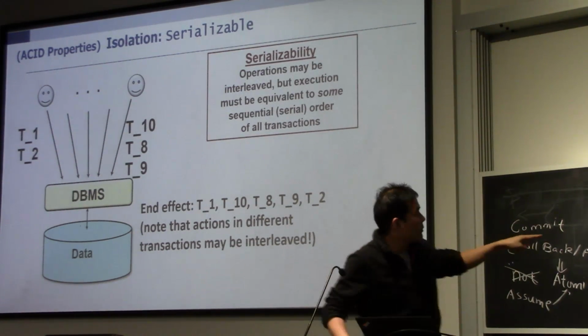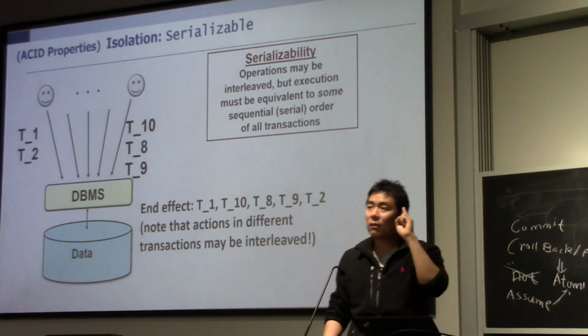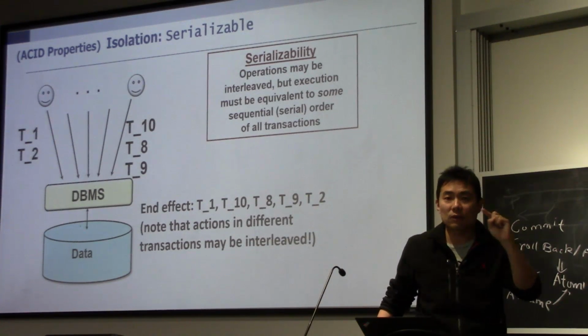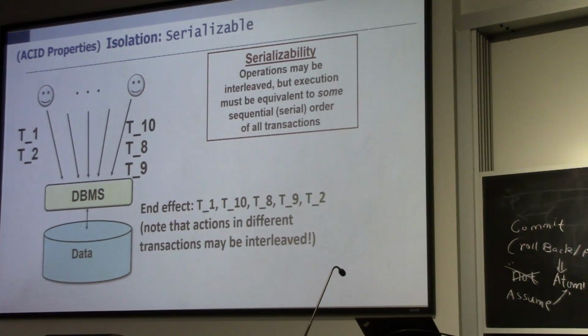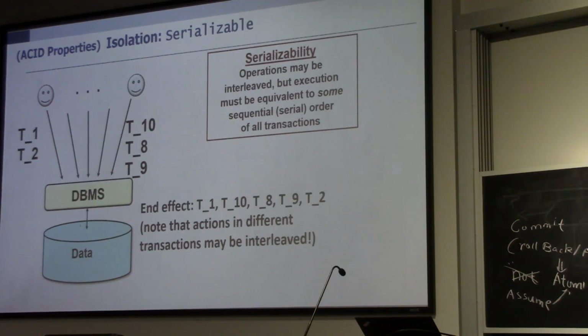The definition of serializability, or the serializable isolation level, is actually really straightforward. It says you can execute transactions simultaneously, and each transaction can be as complex as you want it to be, meaning it can have 1, 2, or hundreds of SQL statements. I don't care. And you can execute them in parallel, that's fine as well.